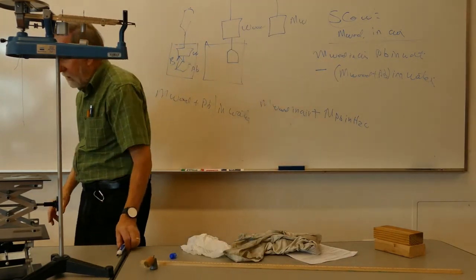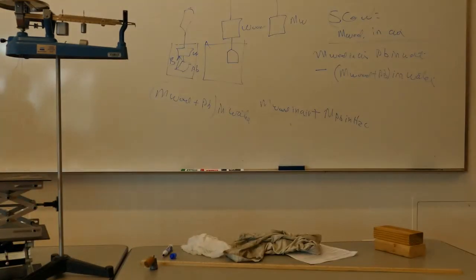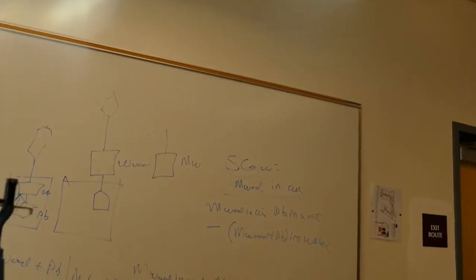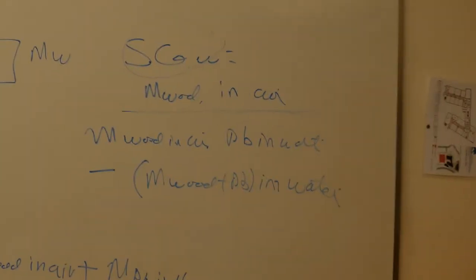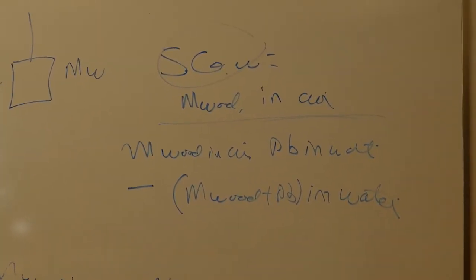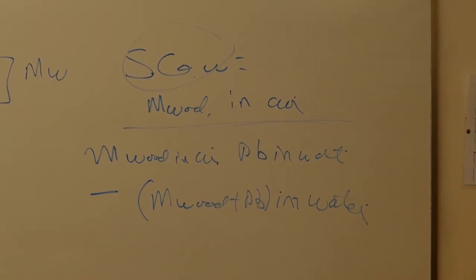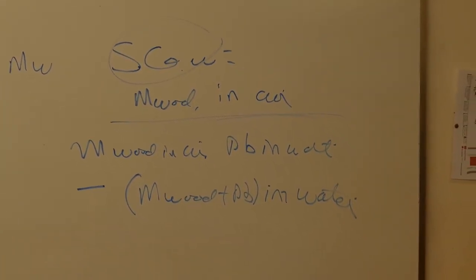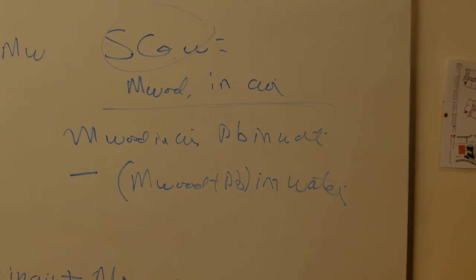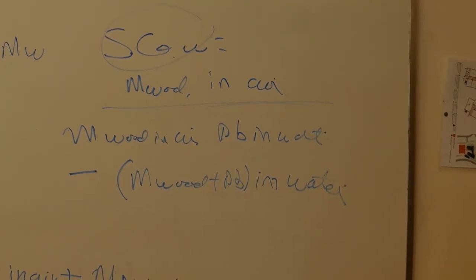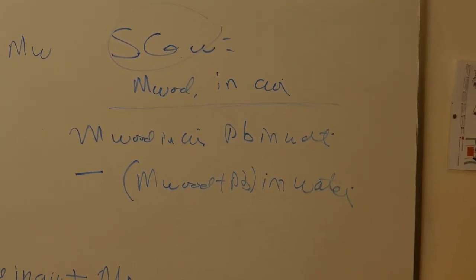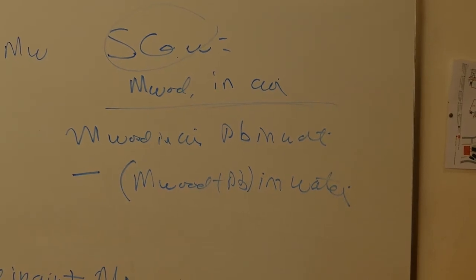I'm going to bring the camera a little closer so you can see what I wrote a little bit better. Actually, this is exactly what's on your data page. So we've got the mass in air of the wood divided by the mass of the wood in air and the lead in the water, minus the mass of the wood and the lead in the water.